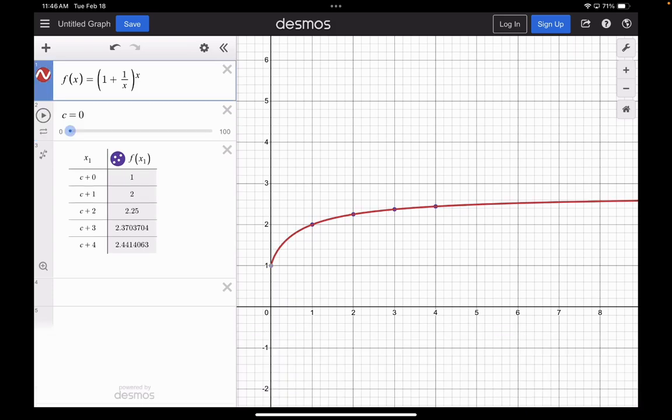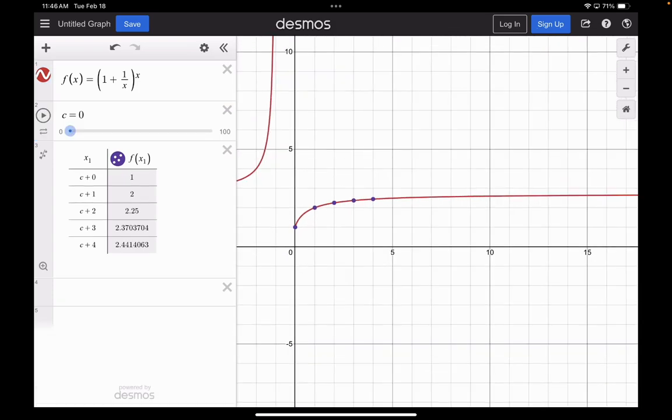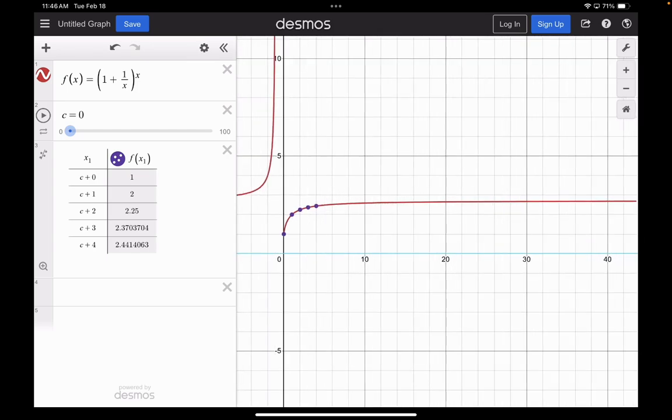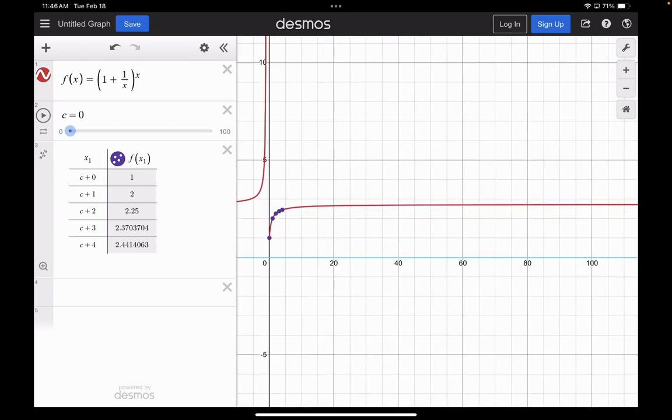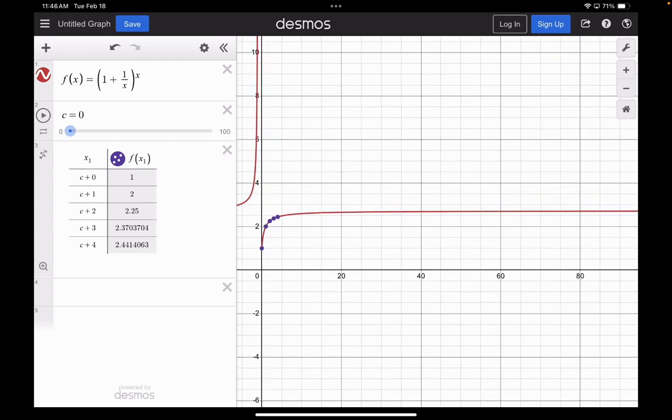Let me scale the x down from 0 to 100 and press the play button. All right, there's my little train going, and you can see it goes pretty close to some limit, and then it doesn't really do much after that.